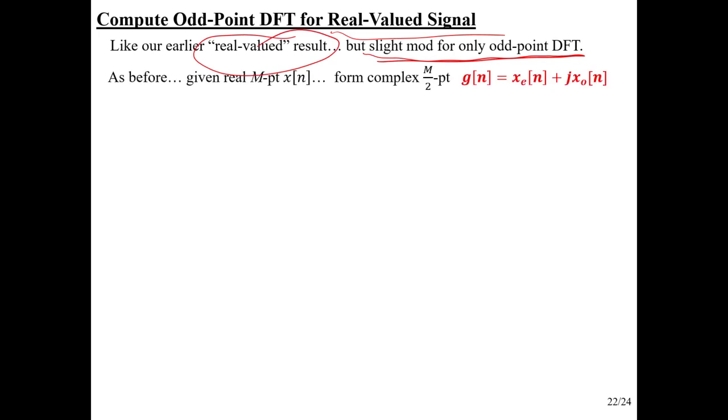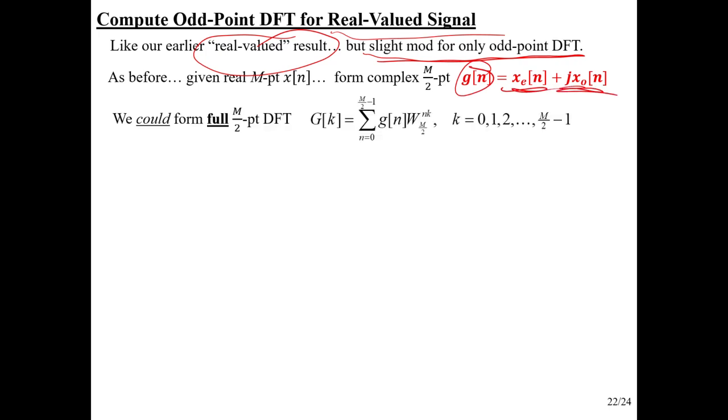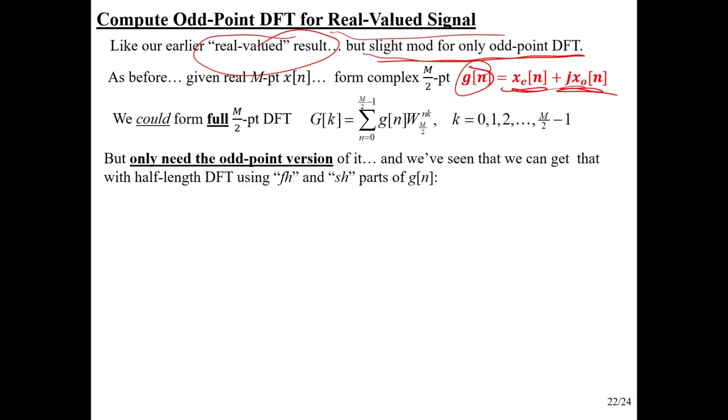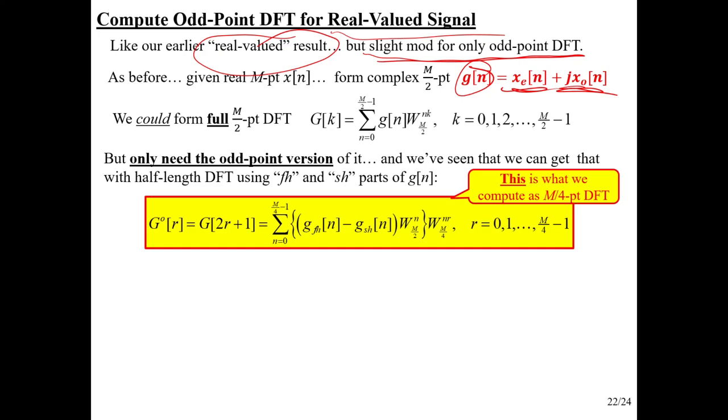So we would form a G from those, just like before, and we could form this full M over 2 point DFT, but we only need the odd points of that. And so with a little bit of extra work that I skipped, we can show that we would compute an M over 4 point DFT and just take the values that are on the odd indices of that.